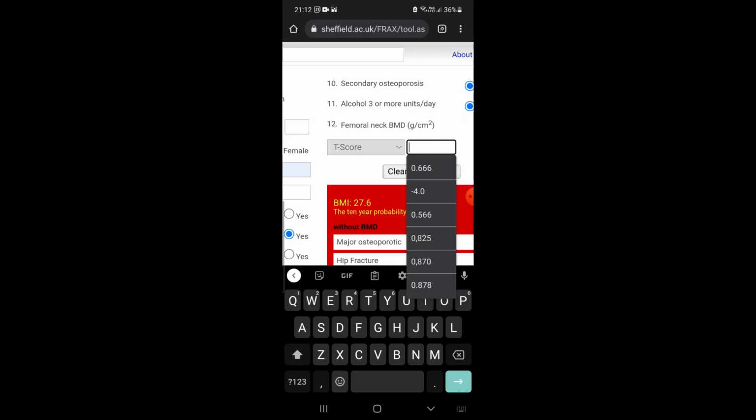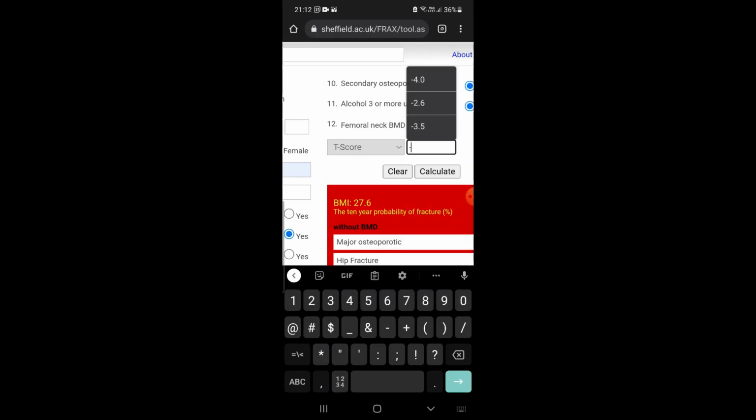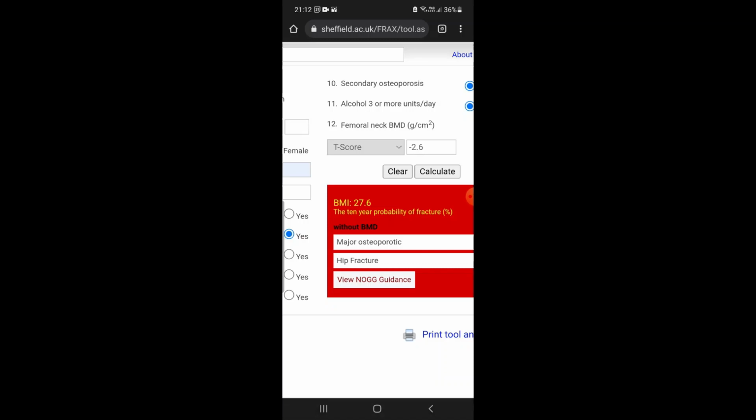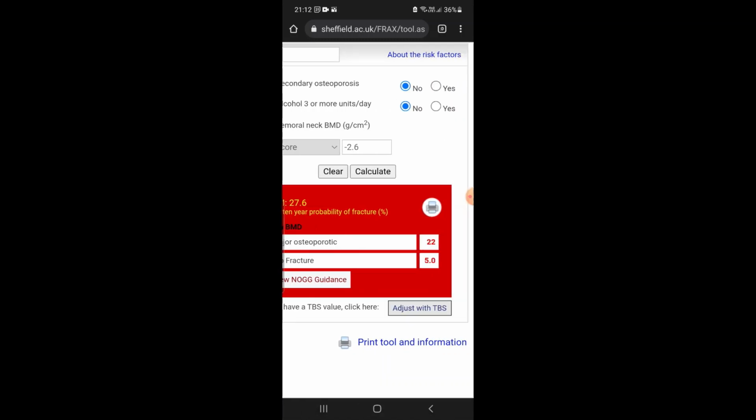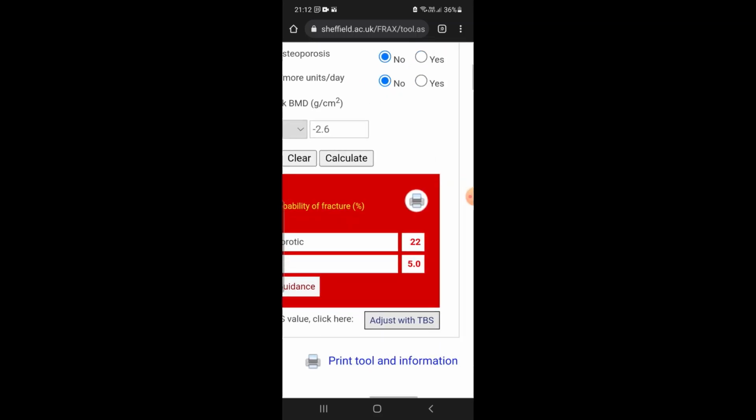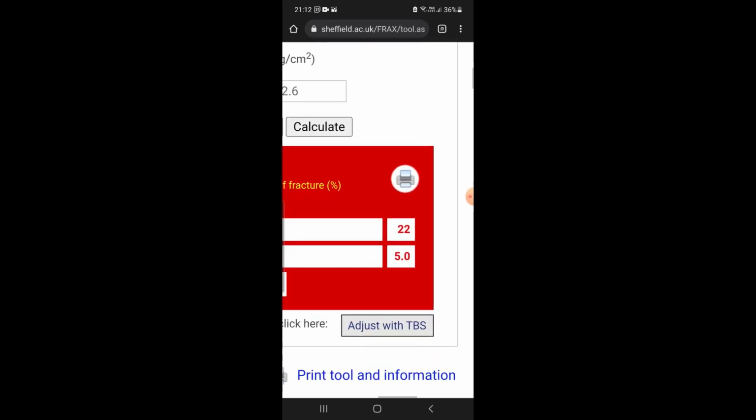In this patient the T-score was minus 2.6, and again we calculate, and we see a major osteoporotic fracture risk of 22.